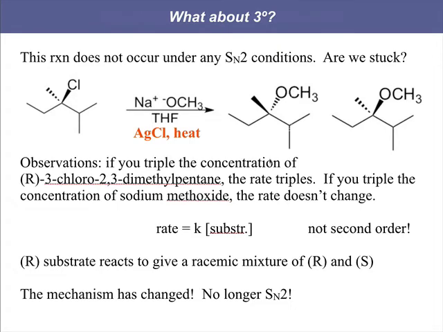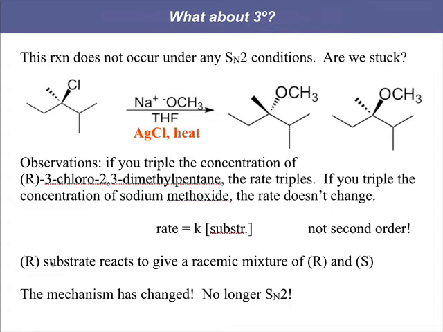If we triple our concentration of our substrate, the rate triples. If we triple the concentration of our nucleophile, sodium methoxide, the rate doesn't change. Aha! That means that our rate is only dependent on our substrate, not the nucleophile. This is not a second order reaction anymore. It's a different mechanism. Something else is going on.